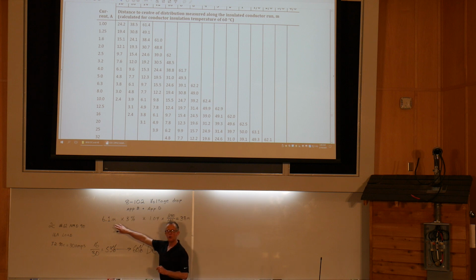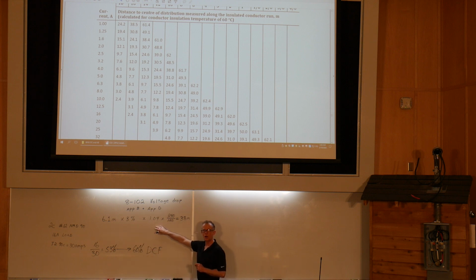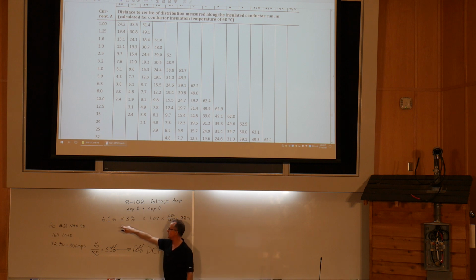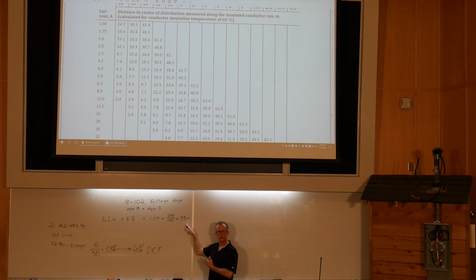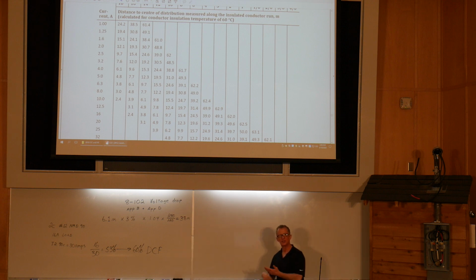So we have 6.1 times 3 times 1.04, multiplied by the voltage of the circuit over what the table is based on, 240 over 120, which is 2. So we end up with 6.1 times 3 times 1.04 times 2, and the allowable length is 38 meters. That's how you get to use the table.